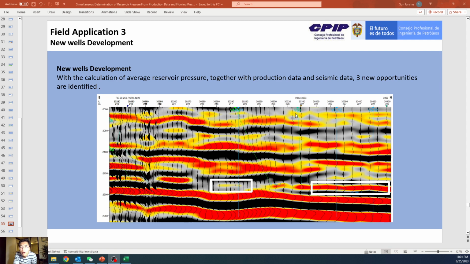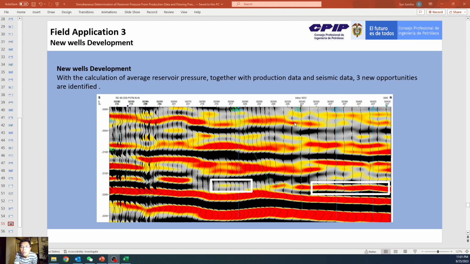Here is the well number 9, well number 3, well number 5, well number 7. This is the producing formation. We also identified an opportunity here and 2 opportunities here.